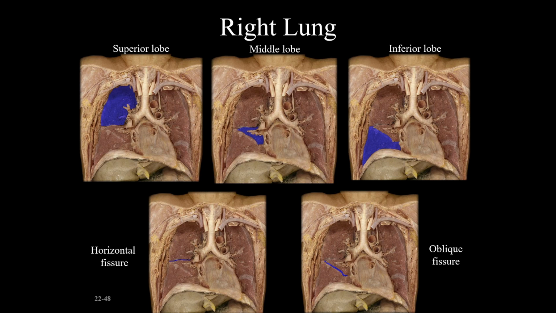So your horizontal fissure will divide your superior lobe and your middle lobe here, while your oblique fissure will separate your inferior lobe from your middle lobe. So you can see that there's a triangular portion of the middle lobe near your heart.